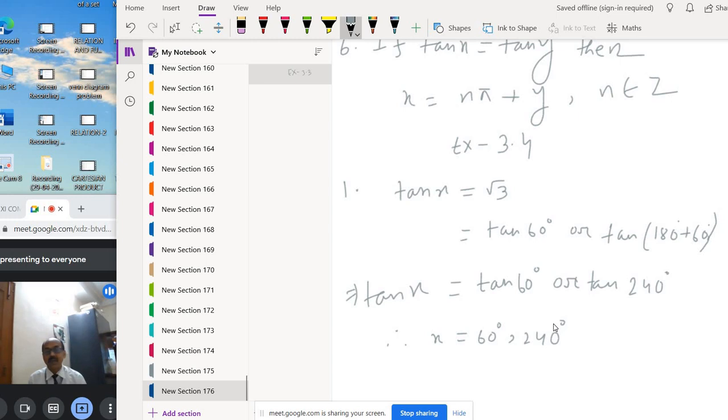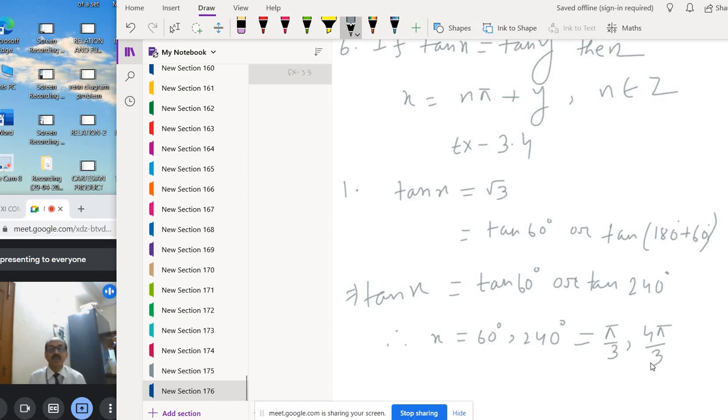In radian, we can also write in pi. 60 means pi by 3, since 180 by 3 is 60. So we can write pi by 3, and 240 means 4 into 60, so 4 pi by 3.